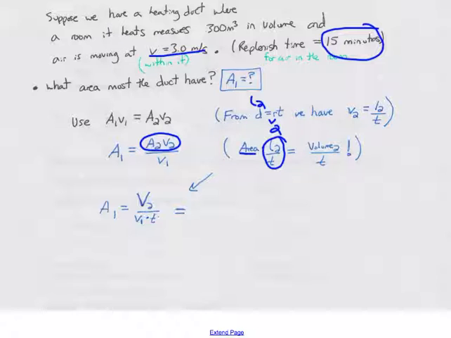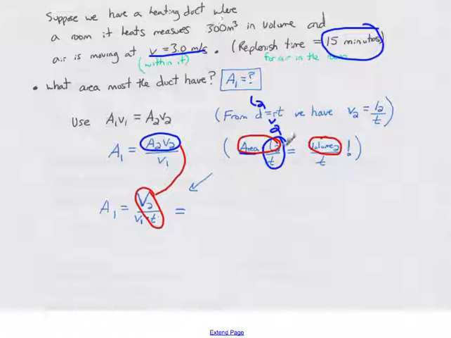And if you look at the top, area times length is volume, and then you put a time on the bottom. So in other words, we can substitute that A2, V2 quantity to become volume divided by time. This is what we had up there, and then we still have our velocity underneath.